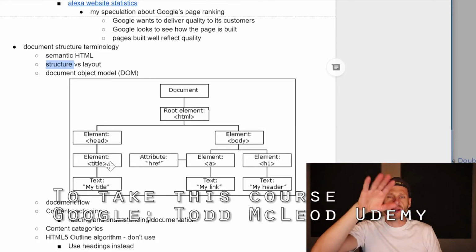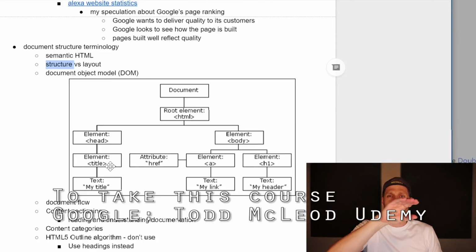That's the document flow. And so block level elements are going to take up a whole row by themselves and then just keep stacking from top to bottom, right? Inline elements will stack next to each other. And so that's document flow. How does it all naturally flow? And so we'll talk about taking things out of document flow when we get to layout later.